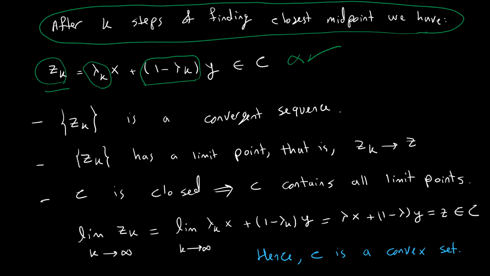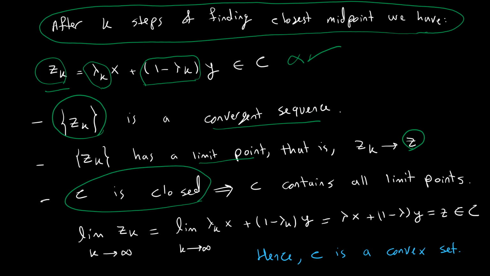And then we know that the sequence of zk is a convergent sequence. Because it is a convergent sequence, it has a limit point, and that limit point is z. Since C is closed, this is the place where closedness of set C comes into the picture, and we can use that to conclude the proof.